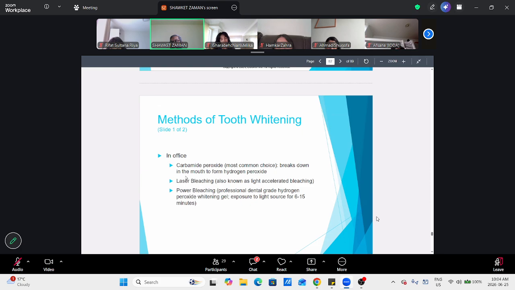These oxygens, or free radicals of oxygen, will react with the stain present on the tooth surface. This is why within 6 to 15 minutes it gets improvement, because they are using a high concentration of peroxide, about 30%. But over the counter, it is less than 30%, maybe 10 to 15% is the maximum we can see in over-the-counter products.